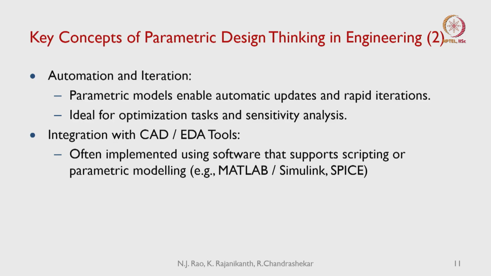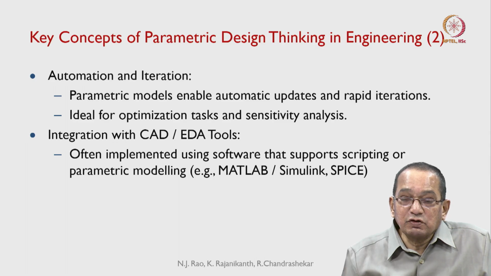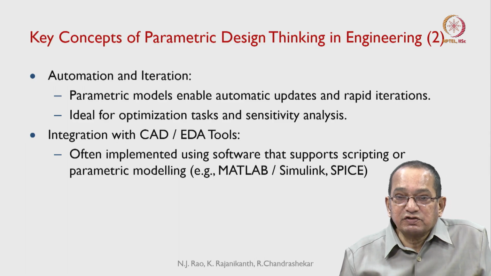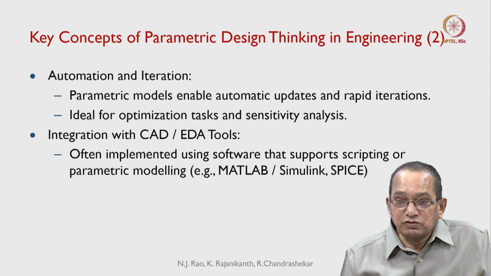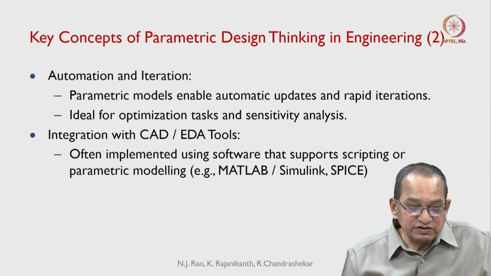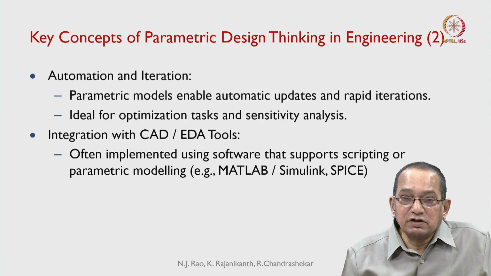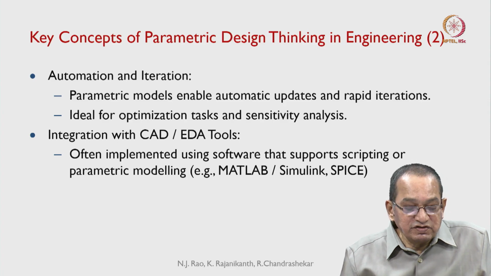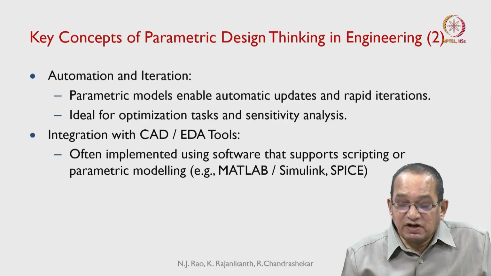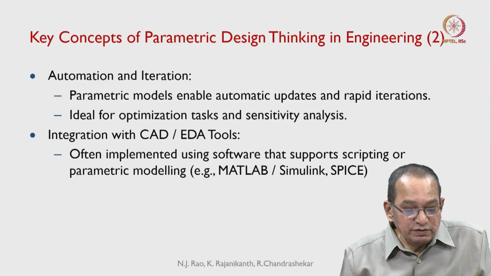Automation and iteration. The whole idea of parametric design is that the models enable automatic updates and rapid iterations. So, one can go through some other tool like simulation to quickly run through several possible iterations and arrive at the entire design space much more quickly, and this is ideal for optimization tasks and sensitivity analysis.